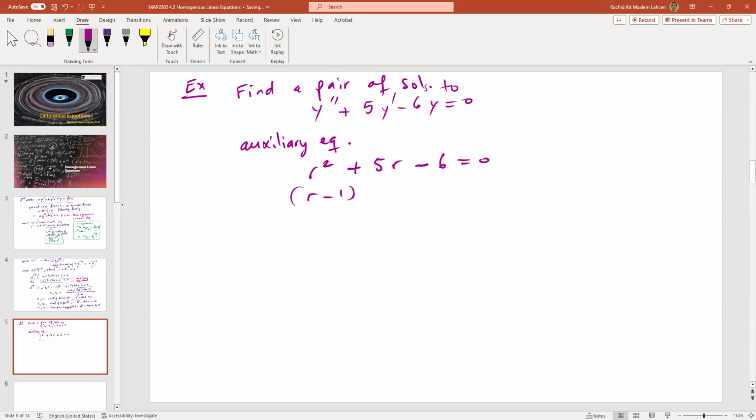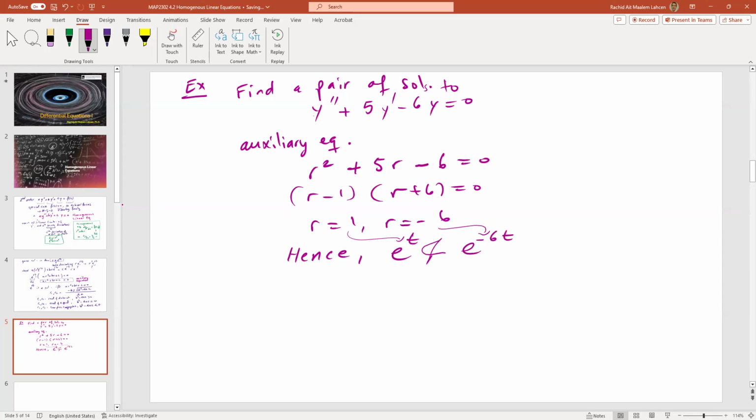We know how to do this, factor. Then we get r equal 1 and r equal negative 6. And that tells us that e^t and e^(-6t) are solutions.